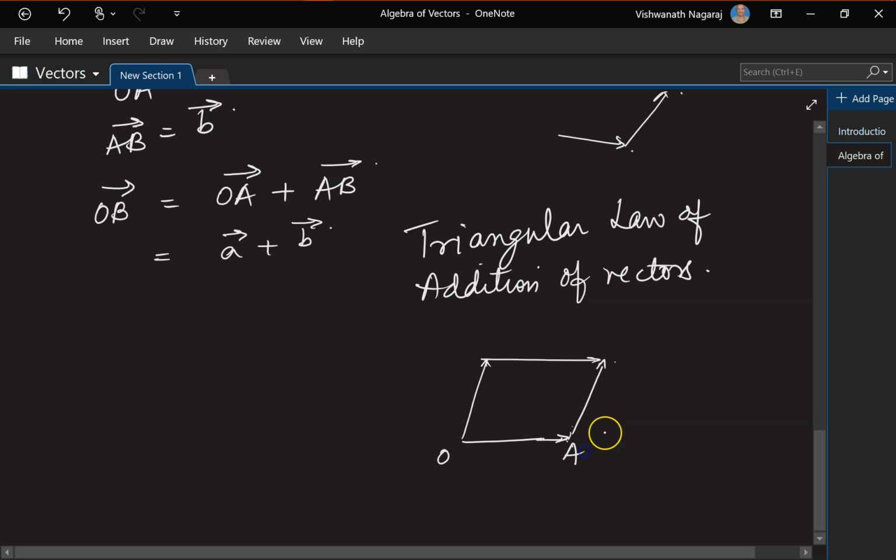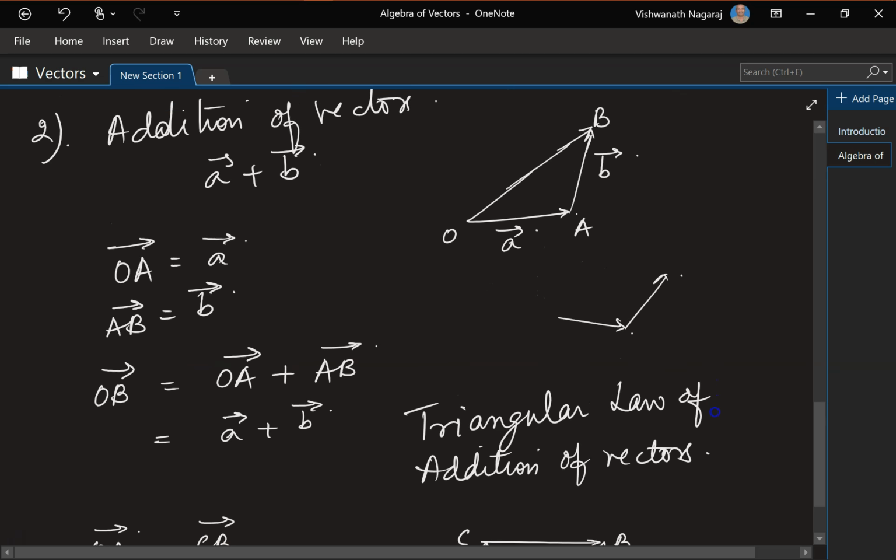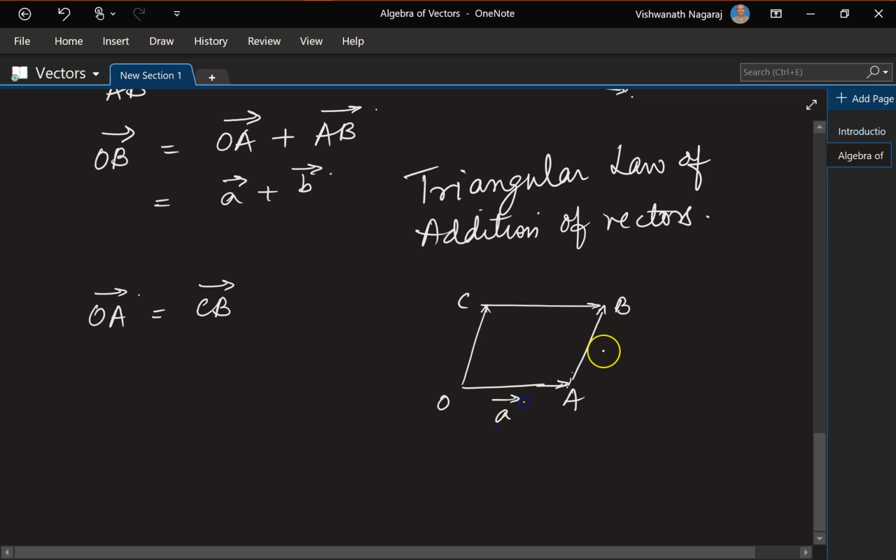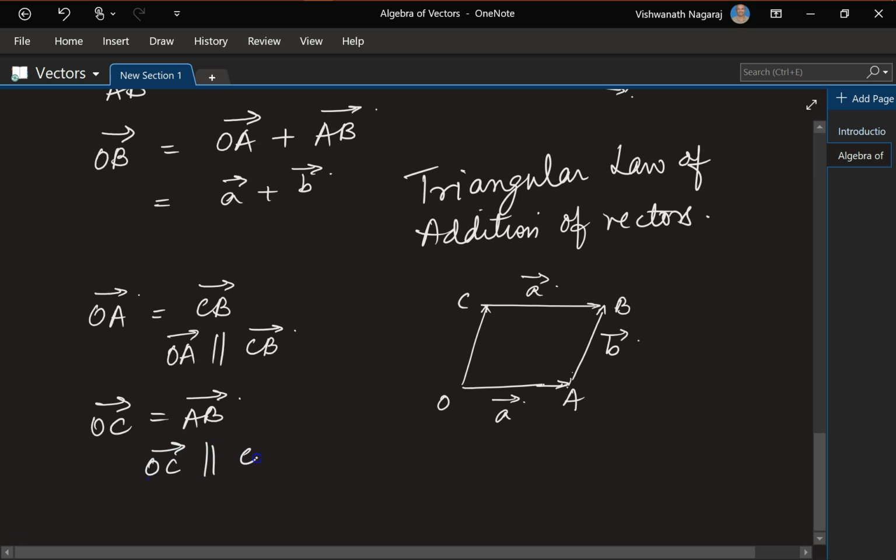Remember, this is O, A, B, C. Now here OA is equal to CB, and previously we had treated this as A and this as B. Since OA is equal to CB, not only equal but parallel as well, because they are opposite sides of a parallelogram, this is also vector A. Similarly, OC is equal to AB and OC is parallel to CB.